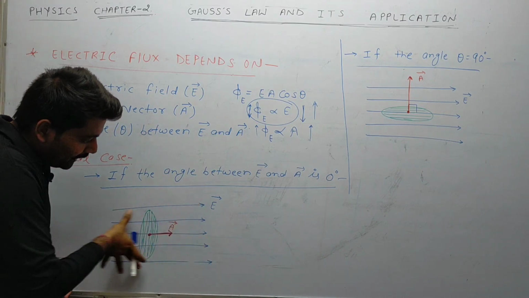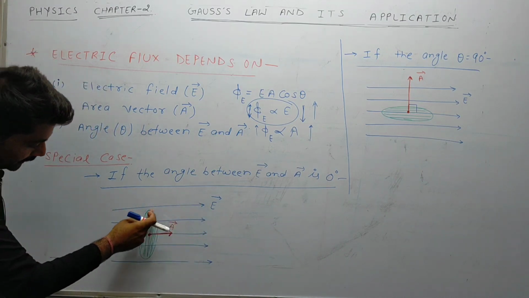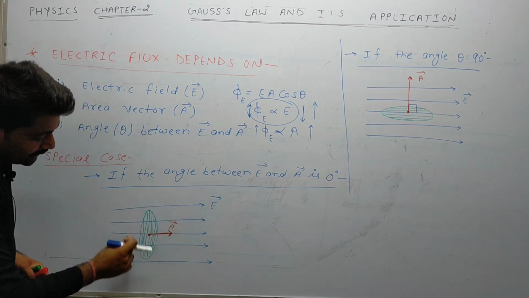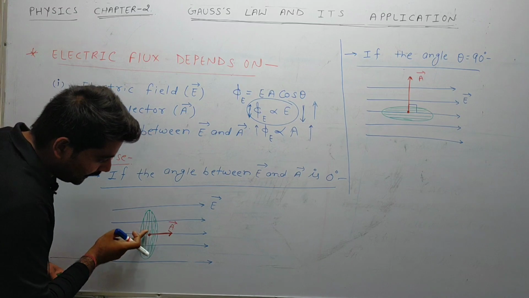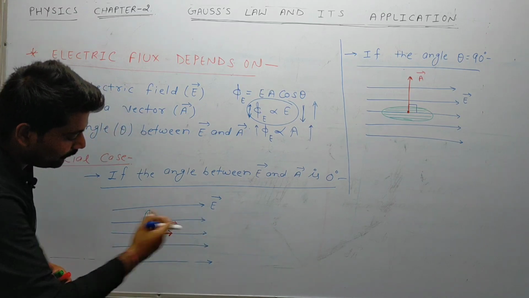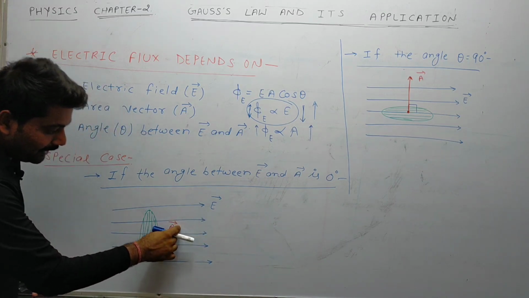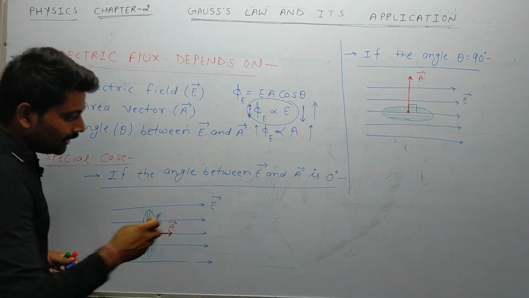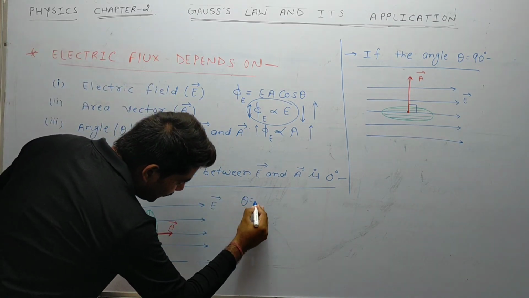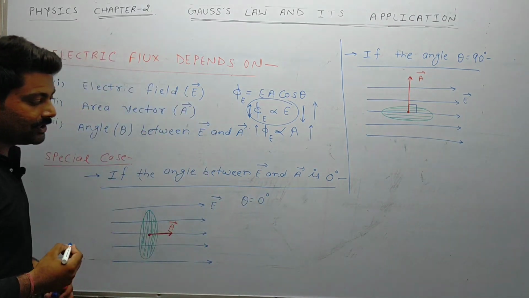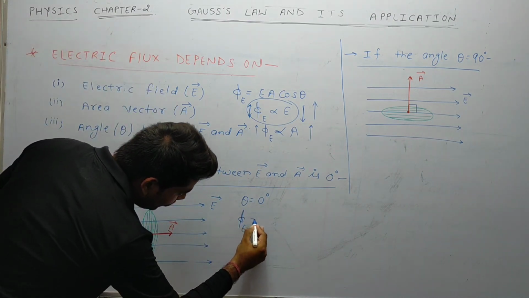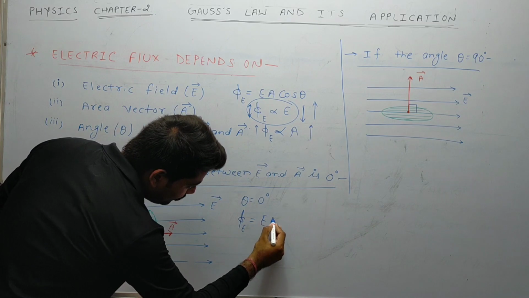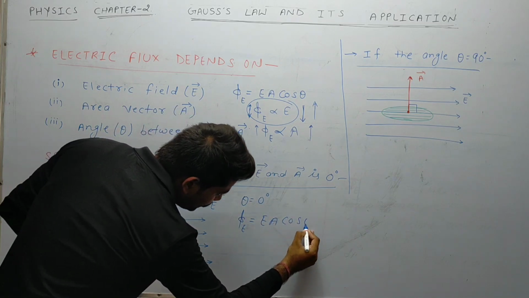Here, this is the electric field and this is any surface whose area is A, and the area vector is in the same direction as the electric field, A vector. In this condition, we can see that theta is equal to 0 degrees. So, we have the formula for electric flux: phi E is equal to E A cos theta.